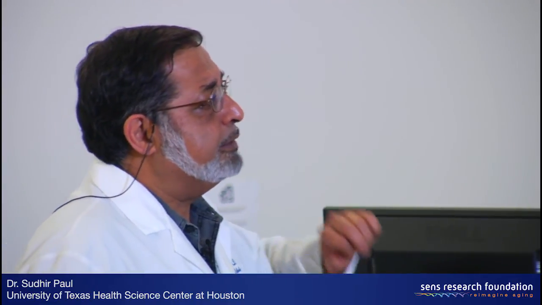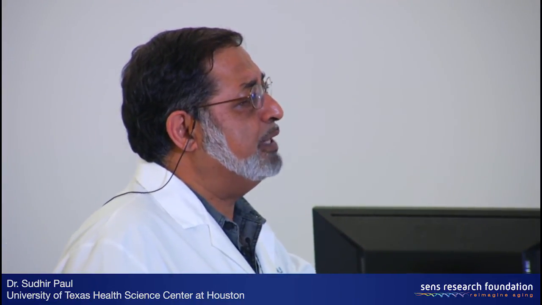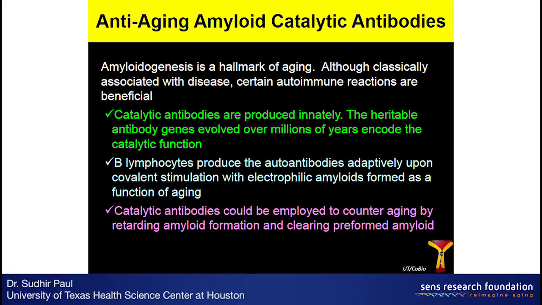So it's fair to say then that with these three examples, production of catalytic antibodies with increasing age might act as a beneficial mechanism against formation of amyloid with increasing age.